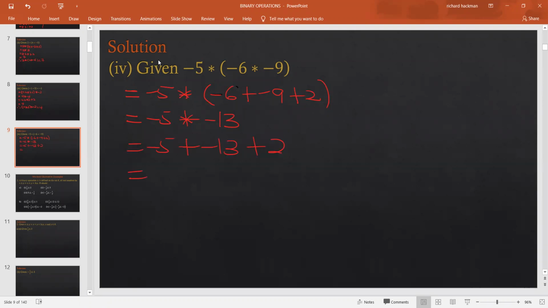So that will give us -16. Am I right? So you comfortably come and draw your conclusion. Therefore, -5 star -9 is equal to -16.